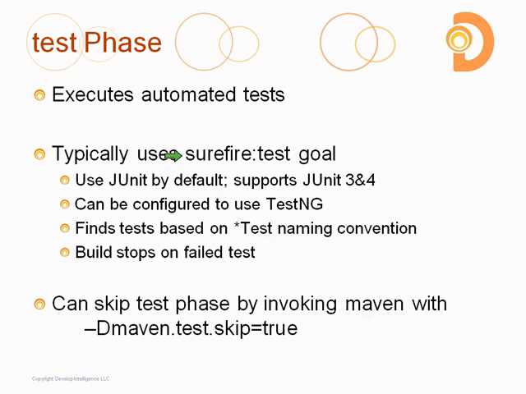The one thing that may or may not be good is that the default configuration for the test plugin is to stop testing on the first failure of a test.